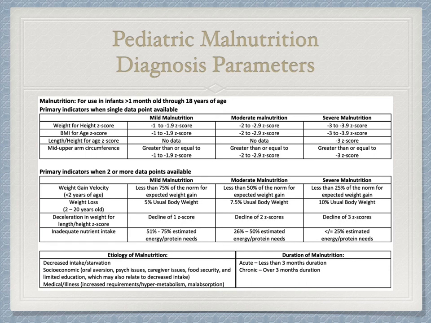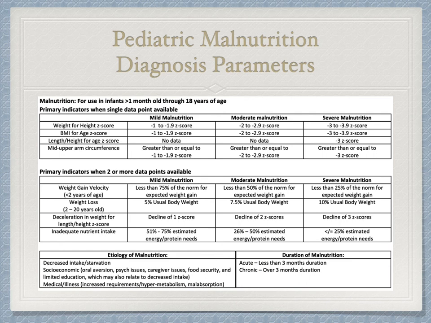One thing to note is that if the child is unable to give a diet history, or if you are unable to speak with someone about the child's nutritional history, often you can make that leap to assume that inadequate nutrient intake did take place in order for that weight loss to have occurred. So I will make the diagnosis if I feel like it was probably the case that the child didn't get enough to eat, therefore that resulted in weight loss.